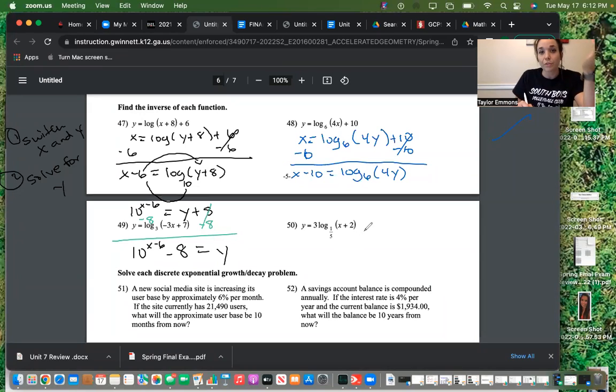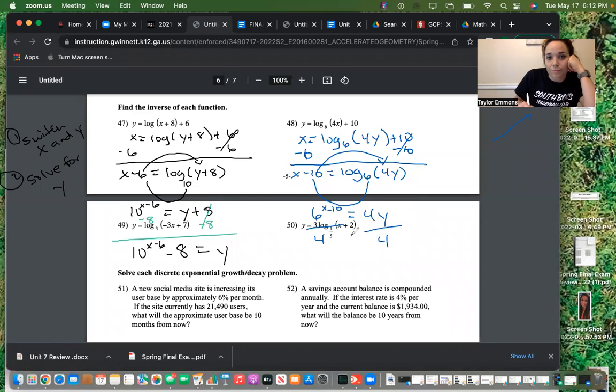Now we want to do the circle of life. In this instance, we have a 6 right there, so we're going to start at 6, go to the outside and finish over there. That gives us 6 to the X minus 10 equals 4Y. We still want Y by itself, but it's multiplied by that 4, so we divide both sides by 4.